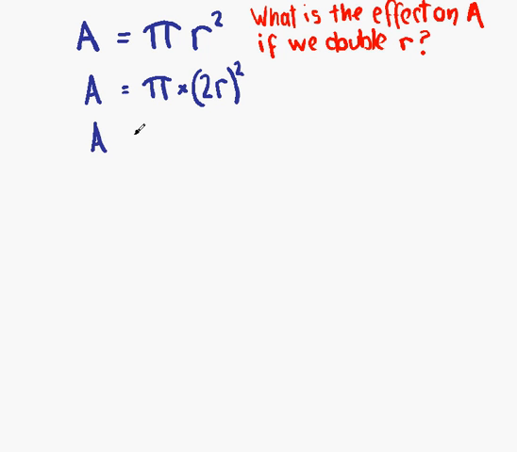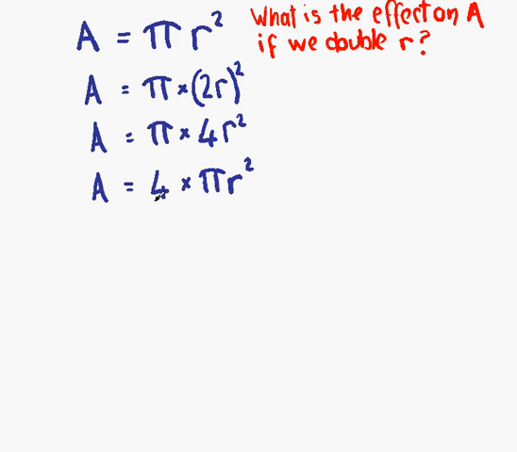That means that A equals pi times, and then 2 squared is 2 times 2, which is 4, and r squared on the end. So now we have A equals pi times 4 times r squared. Remembering that it doesn't matter which order we multiply, that means A equals 4 times pi r squared.